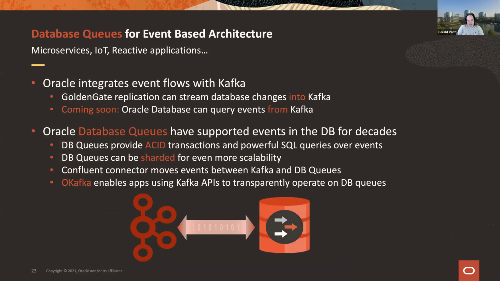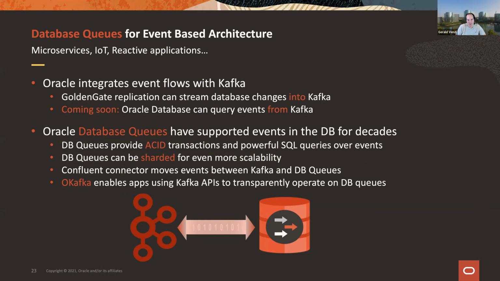When we look at event-based architectures, we're doing a lot of work currently integrating with things like Kafka, and providing better queuing support or better streaming support in the Oracle database. One thing that you see here is essentially an AQ slide. Advanced Queuing is a technology we've had for a long time in the Oracle database that provides you with queuing support in a database. I mention it specifically here because we used to call it Streams Advanced Queuing at some point.